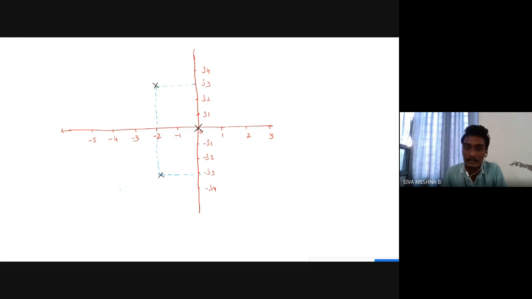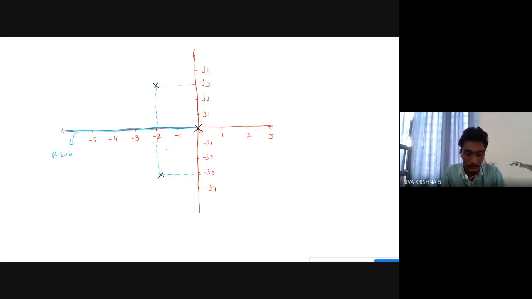Next, second step, what do we call the root locus branches? Where are the root locus branches? The entire negative real axis is the root locus branch.